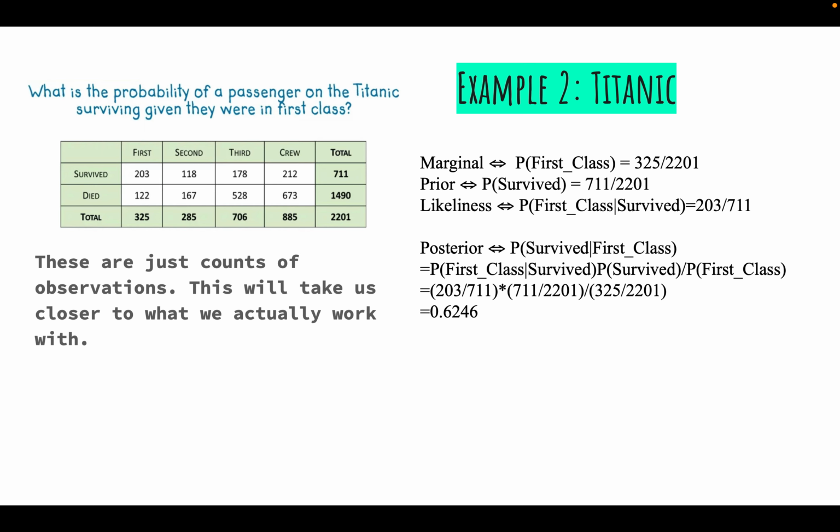So we got 203 divided by 711. Now we can just plug and chug into our formula and get 0.62, meaning 62% of people on the Titanic survived given they were in first class. That's pretty cool.